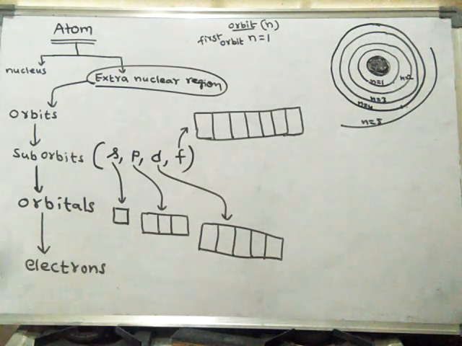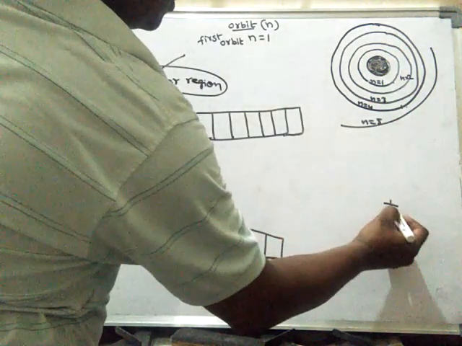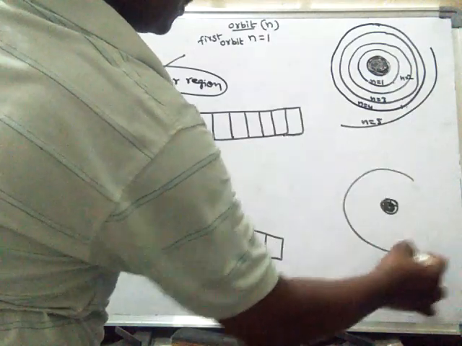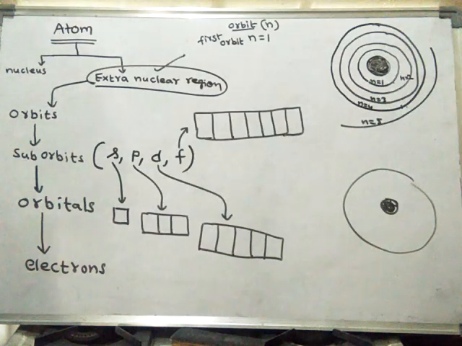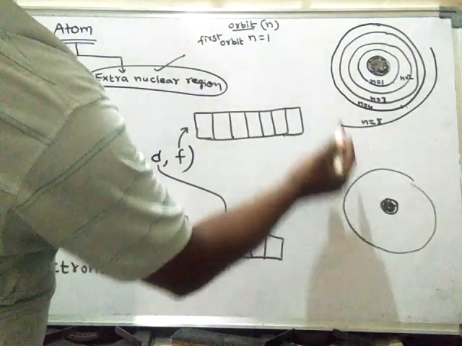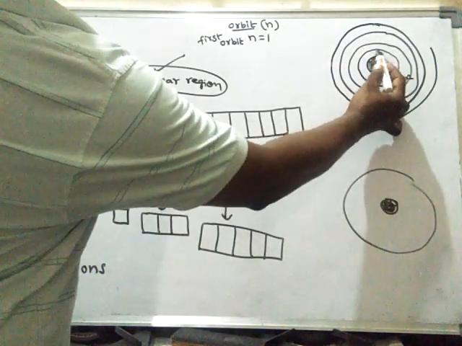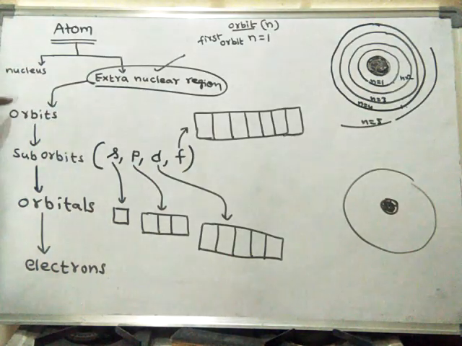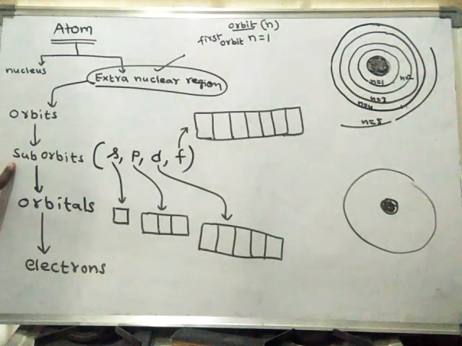Suppose this is the nucleus, which is positive in charge. Around the nucleus, this space is called the extranuclear space. In the extranuclear space, you find orbits. Inside every orbit you will find suborbits.